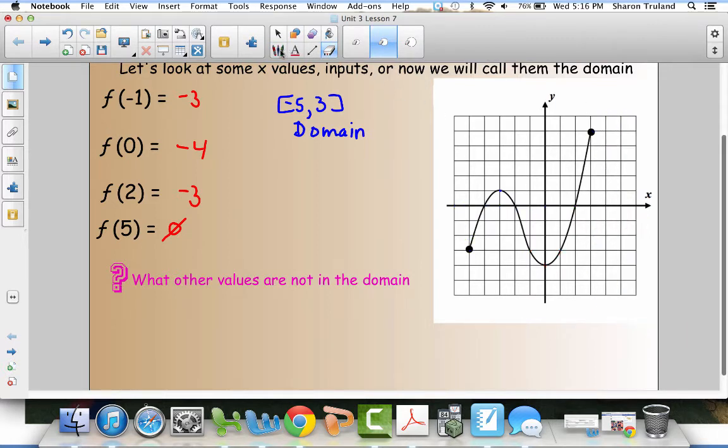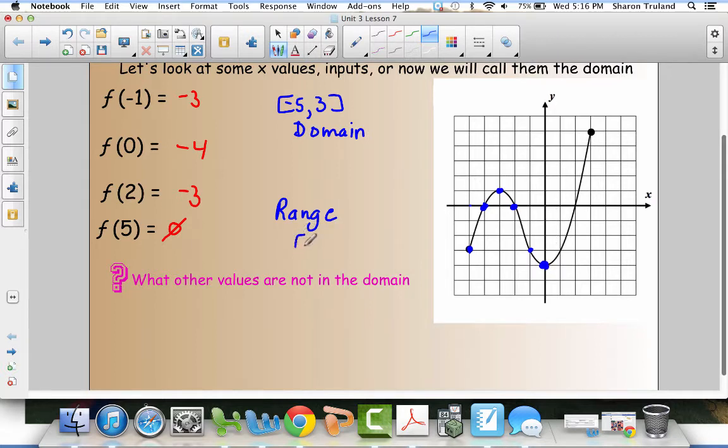So what's the range? The range are the outputs. So if I look at this, okay, if I put a -5 in, I get this answer. If I put a -4 in, I get that answer. Put -3 in, I get that answer. Put -2 in, -1. This is my lowest point. And that's a 1, 2, 3, -4.